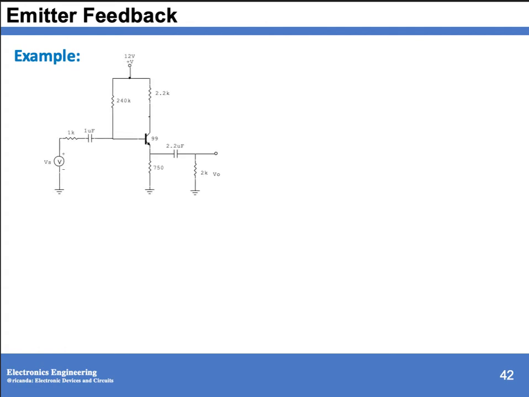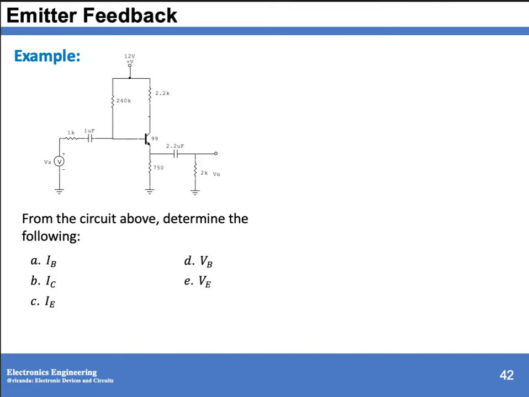So we have this example. We have to solve all the currents, IB, IC, all the voltages, VB or voltage at the base, voltage at the emitter, voltage at the collector, as well as your voltage base-collector junction.